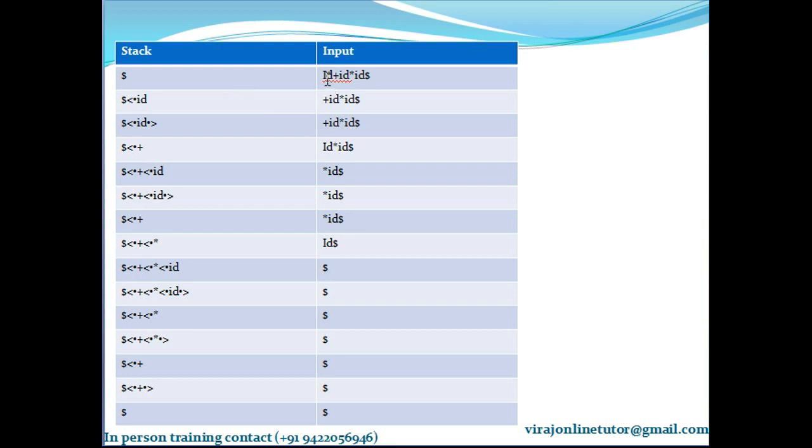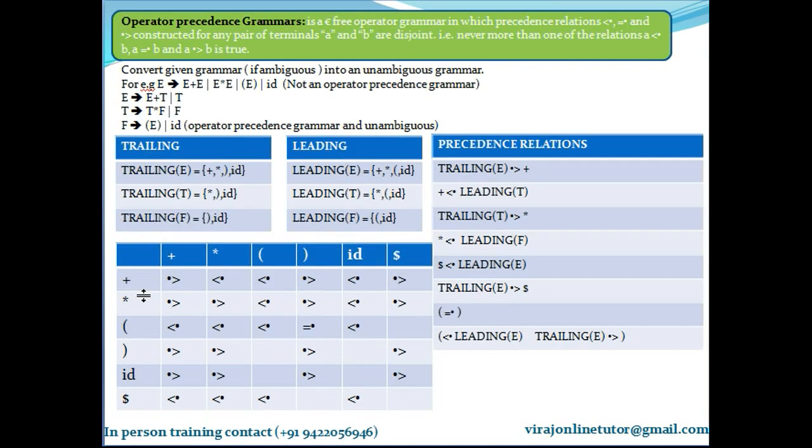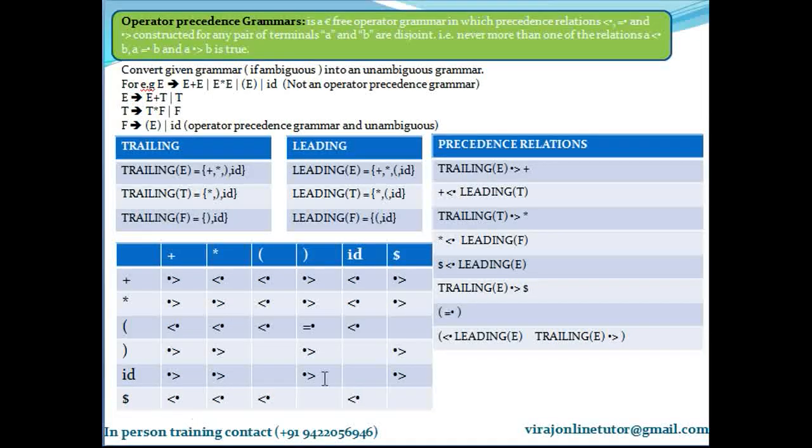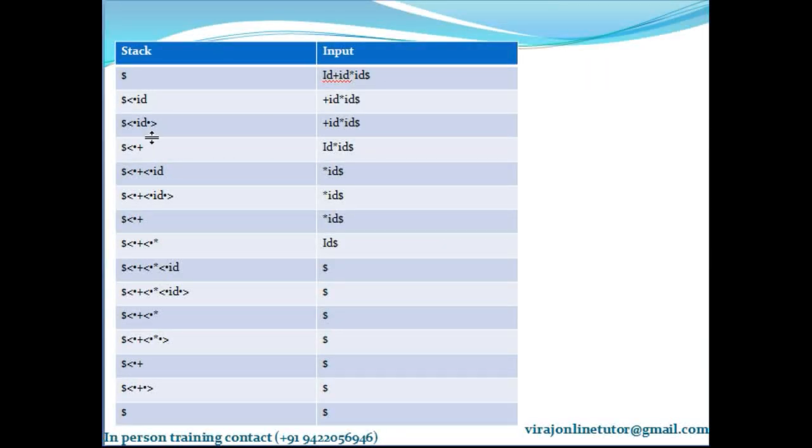While parsing, suppose I get an input string ID plus ID into ID. Now just check the table. What is dollar on ID? Dollar on ID is less than. So if it is less than or equal to, place it on the stack.